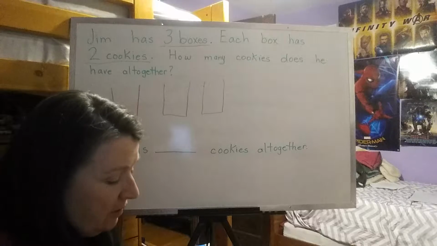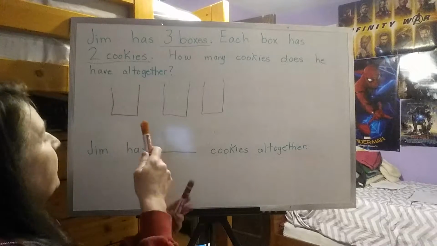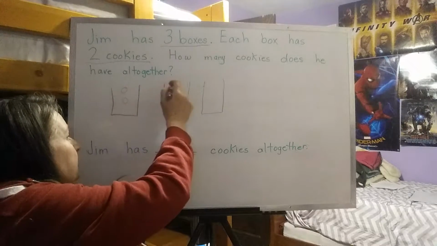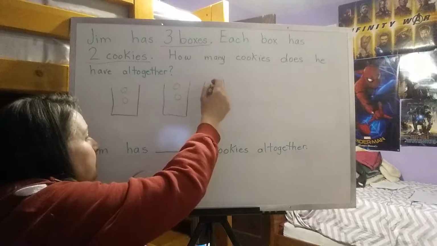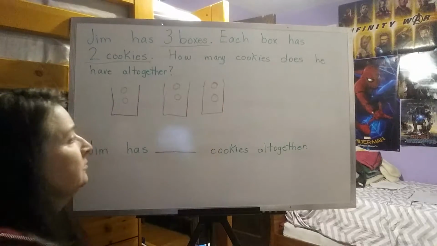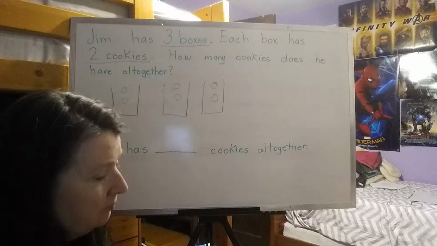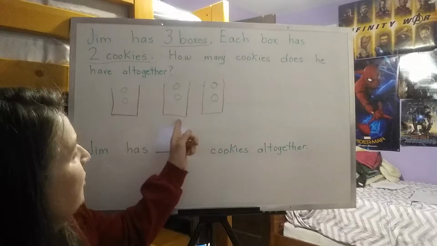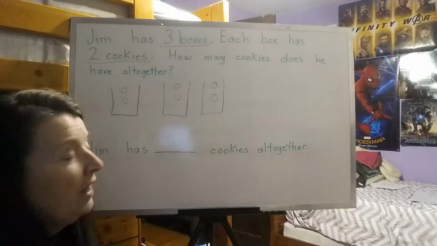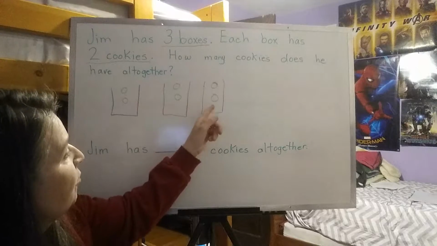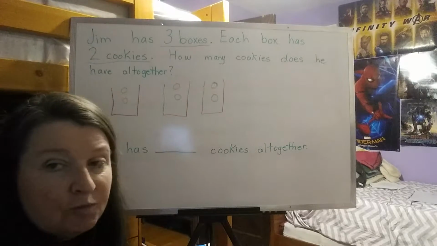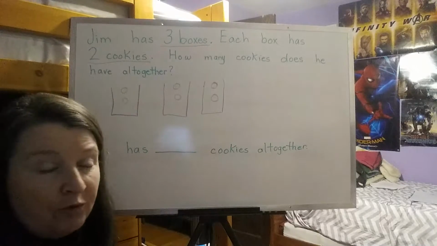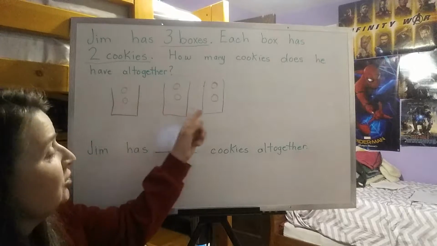And what are we going to put inside each box? That's right, 2 cookies. Now, what we have here are 3 boxes and the same number in each box, which we know is just the same as when we do 3 groups and the same number in each group.